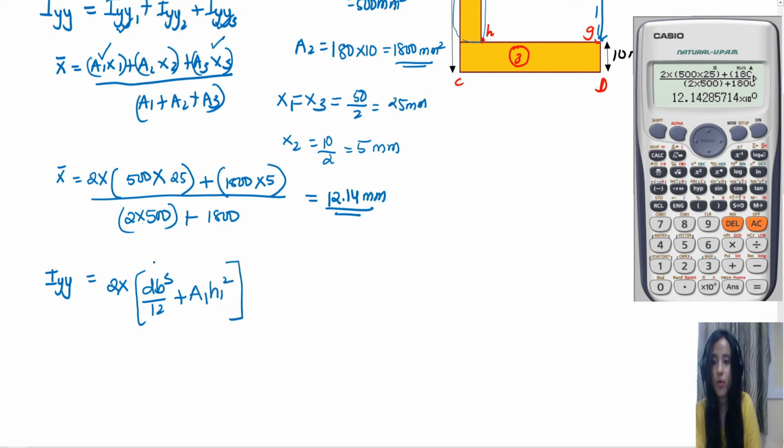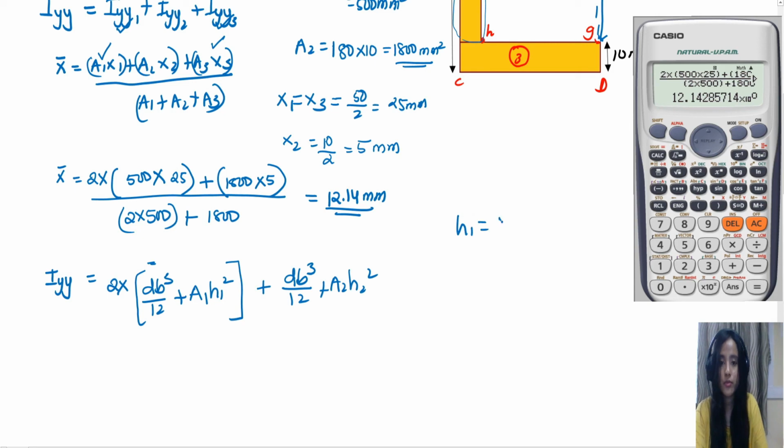So this is for both Iyy1 and Iyy3, and I have Iyy2, db cube by 12 plus a2 h2 square. Now my h1 will be equal to x bar minus x1, h2 will be equal to x bar minus x2. So let us put all the values.